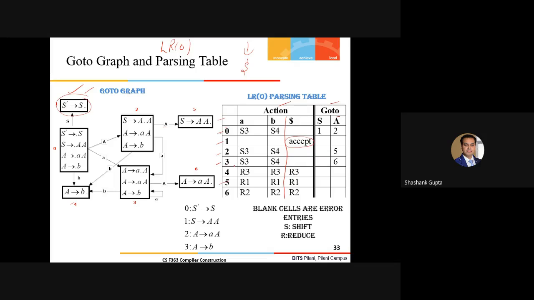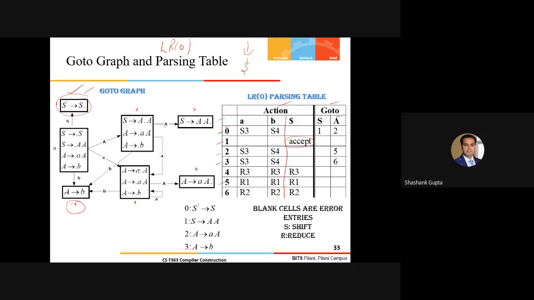Let's look at some of the reduce entries corresponding to states 4, 5, and 6. So let's talk about state 4 right now. You can see here, I am not performing any go-to operation because my dot is on the extreme right-hand side. So that means I am ready to reduce this configuration.